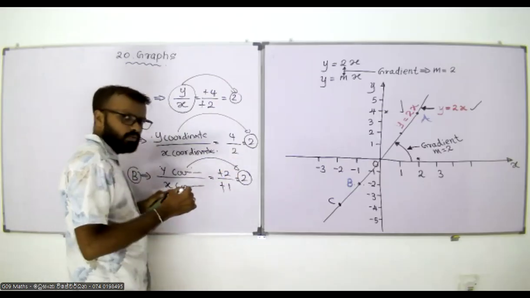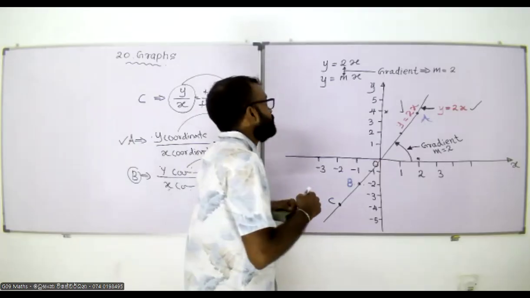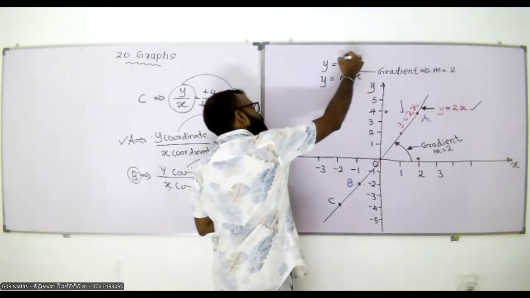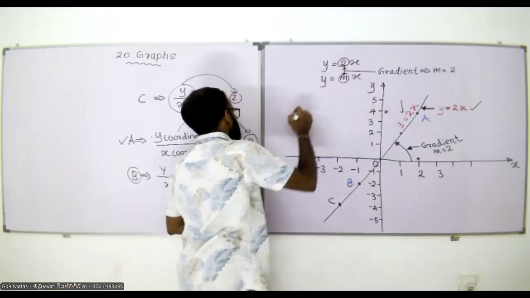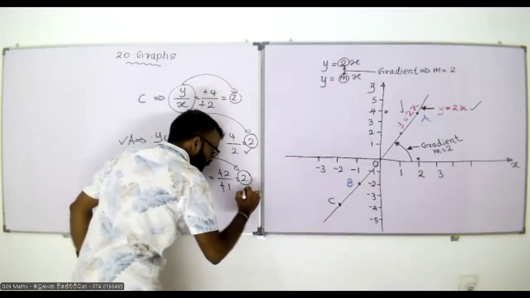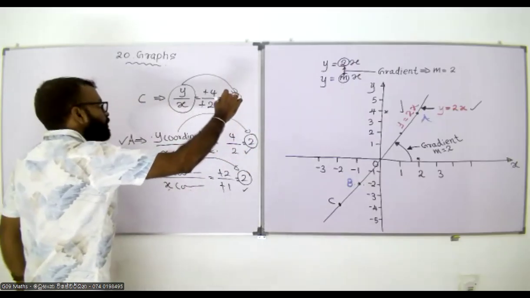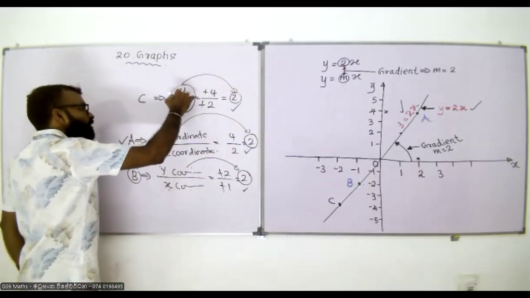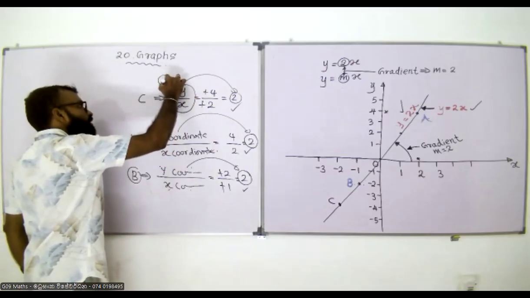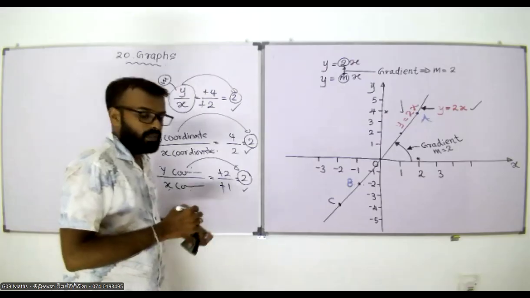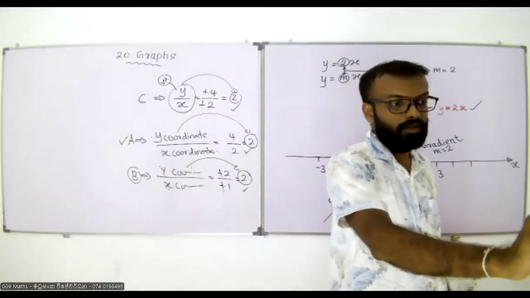That's a constant value, right? What is this 2? Gradient. Yes, this 2 is the gradient. M equals 2. So, the y coordinate divided by x coordinate of a particular point gives you the gradient M. We are going to discuss it later.